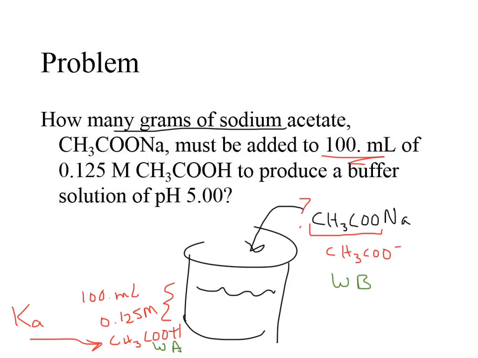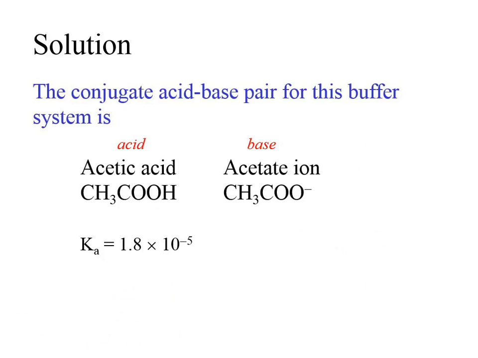I think I'm going to stick to my PowerPoint slides now for a minute. No ICE table for this one. If you were to look up the Ka value for acetic acid, you would find that it's 1.8 times 10 to the negative fifth. We don't need the Kb this time for the acetate ion, but we could find it because, remember, for a pair like this, Ka times Kb is equal to Kw.